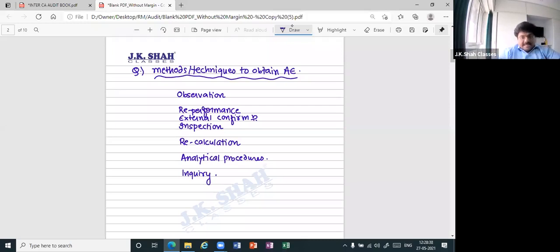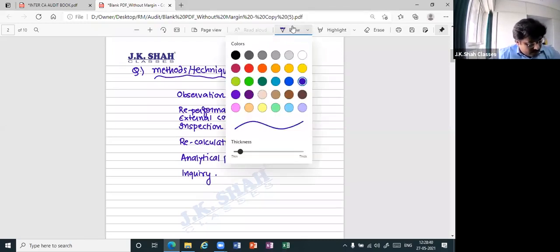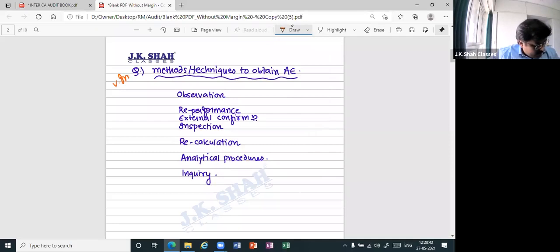Now let us understand in detail one by one. It is one of the very important questions of this chapter, which gets asked for 8 marks. So it is really important. Okay, so focus properly. Listen. First is observation. Can I say a simple example again? Stock taking, stock counting. If the auditor goes to the godown to verify whether the management is properly counting stock or not, he will make an observation.